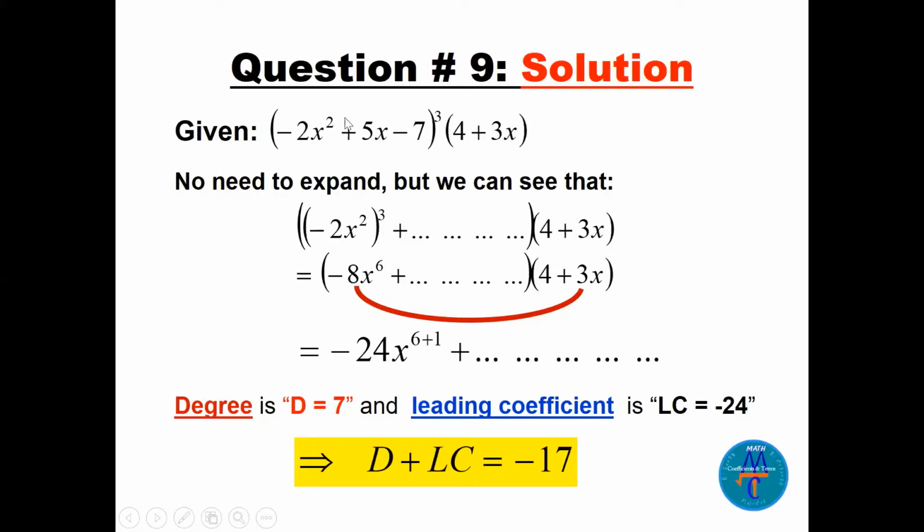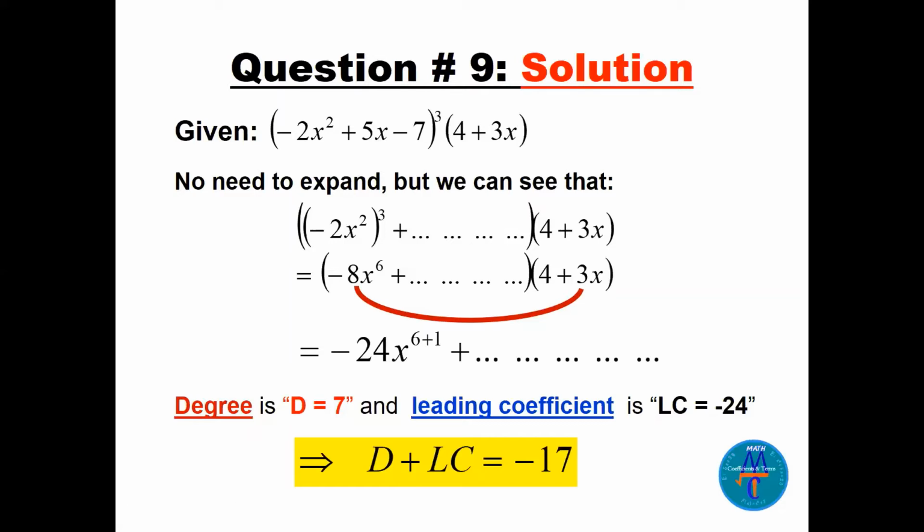When you expand in your mind, when you imagine to expand, you will cube the first one, plus many terms. So you cube the first one. But we cannot cube this one and this one. That's wrong. You have to multiply the whole bracket 3 times.